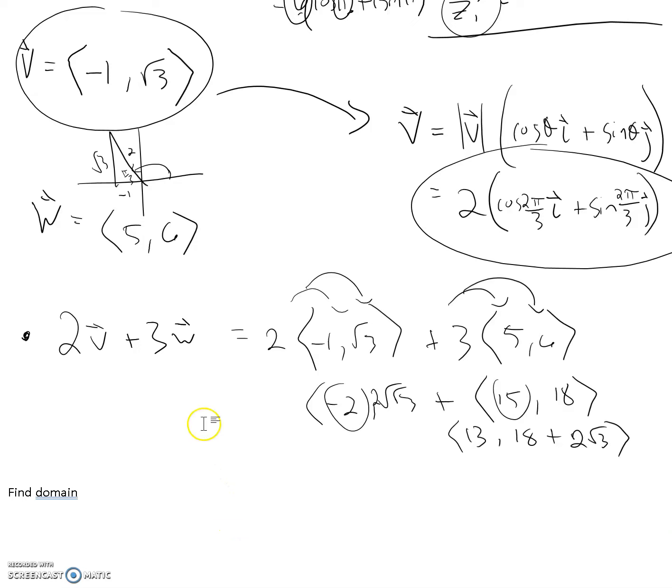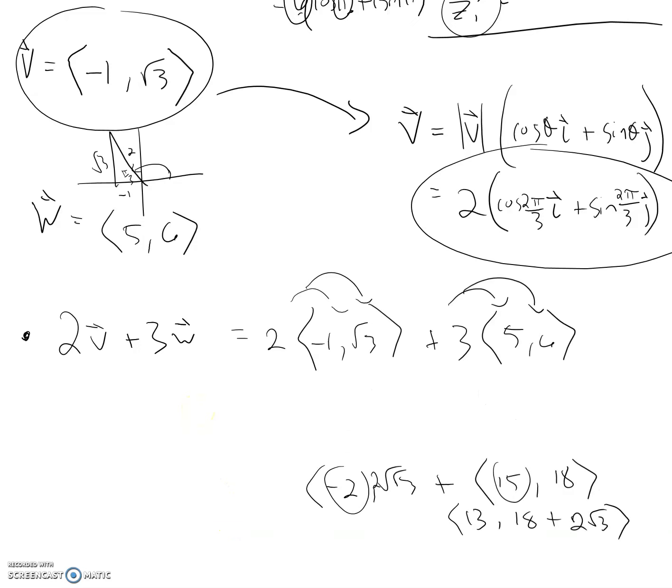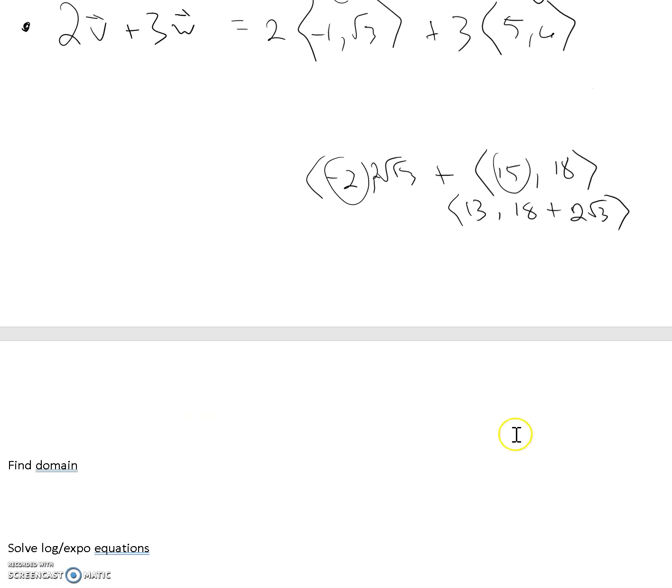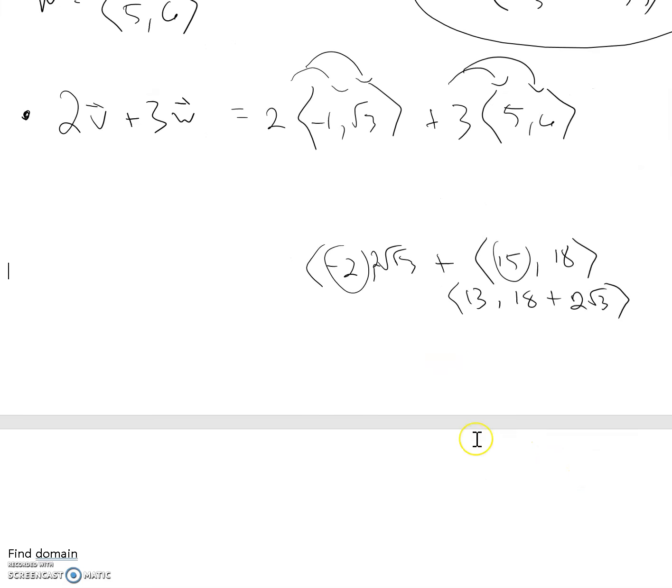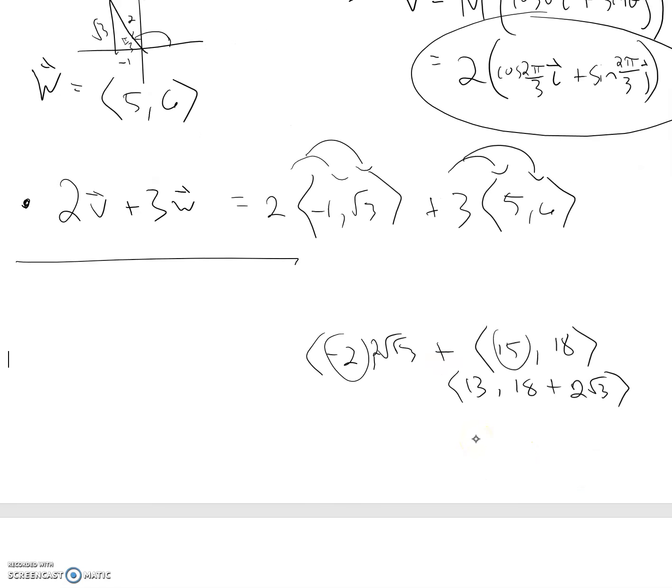What else? Let's do a unit vector real quick before we move on to some more algebra stuff. Unit vector. So let's say I said unit vector in the same direction as, let's do w. Unit vector for w.